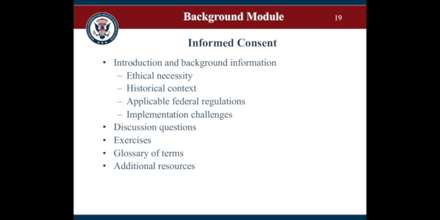The background module also provides discussion questions, including starting points to help an instructor facilitate group discussion around those points, application exercises, a glossary, and a list of additional resources.